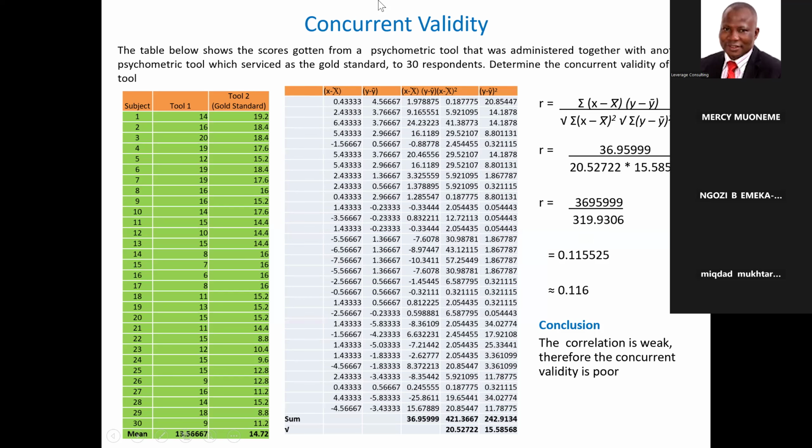Another way of doing it: if you have one instrument, as I already told you before, and there's a standard instrument that measures the construct, like measuring the pressure, you can administer both to the same people and correlate. So in this one you are looking at concurrent validity.